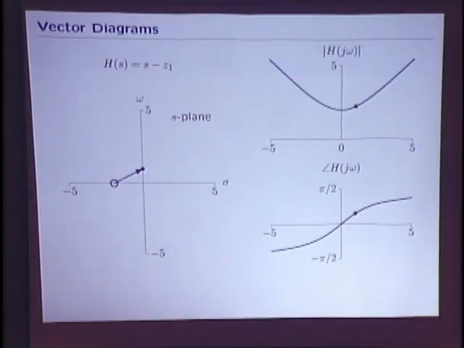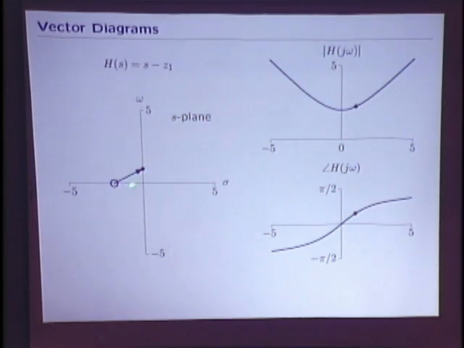Then if I think about a slightly higher frequency, what happens to the magnitude of the zero? Bigger. It's the magnitude of a zero. Bigger is bigger. So the bigger arrow translates to a slightly bigger magnitude.